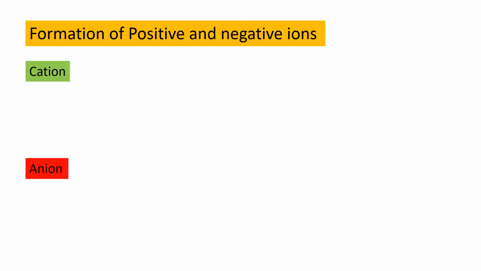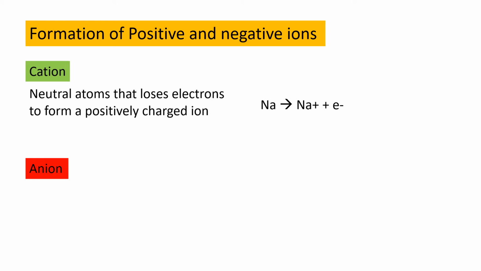So cations and anions are the two different types of ions. Cations are neutral atoms that lose electrons, so they are positively charged. Because when you lose one electron, say you have six protons and six electrons, now your electrons only have five, but you have six protons, right?